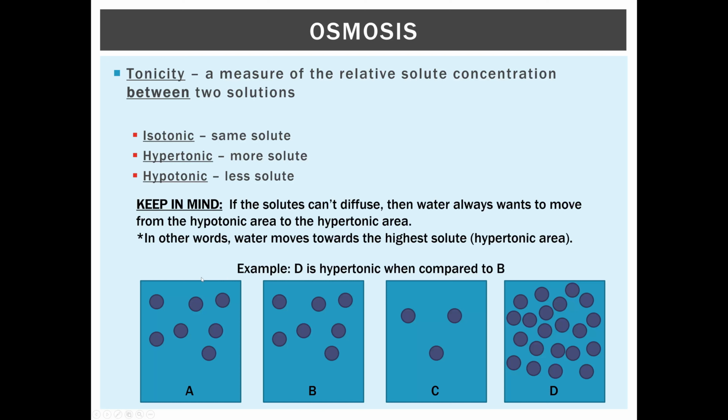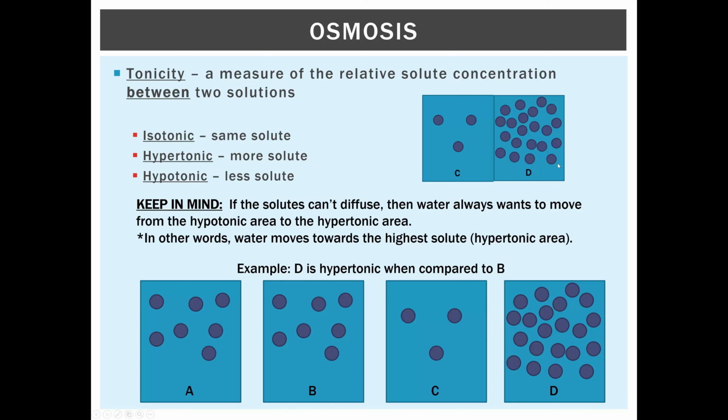Keep in mind, if the solute can't diffuse, then water is going to move through osmosis from the hypotonic area to the hypertonic area. In other words, just drill into your brain, water moves towards the highest solute. Water moves towards the hypertonic area.